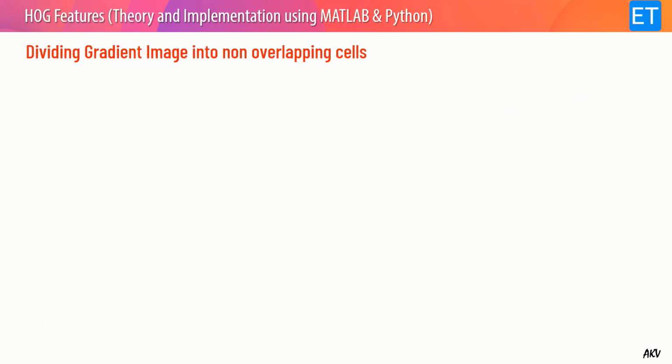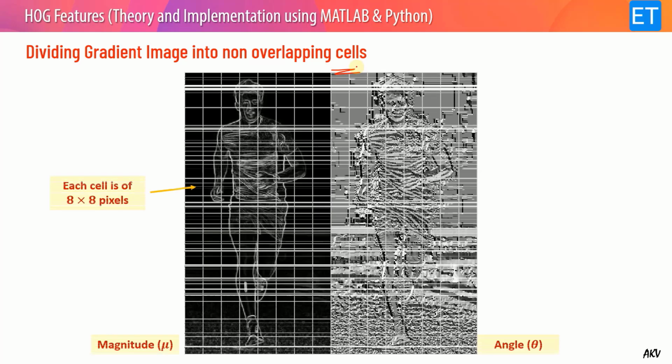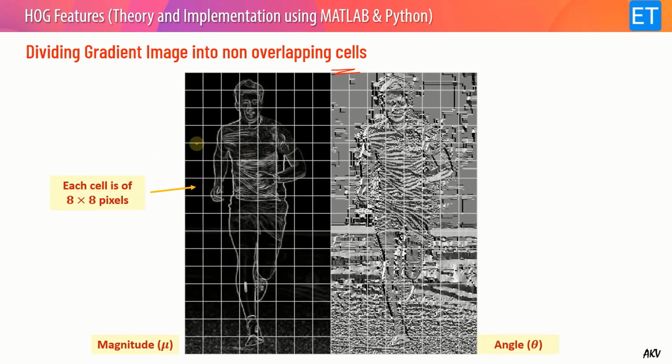Now my next step is to find the non-overlapping cells in these two gradient images. This is done like this. I will divide the magnitude gradient image and the angle gradient image into 8 by 8 pixel cells.